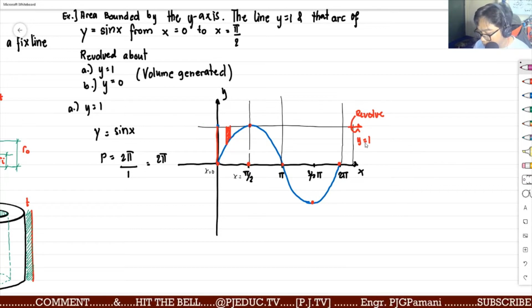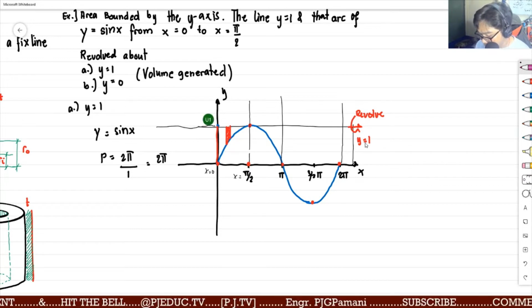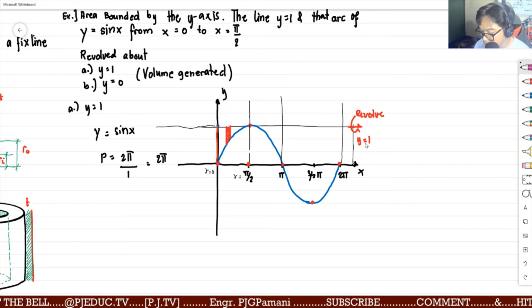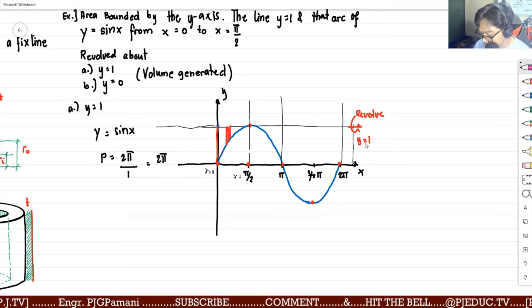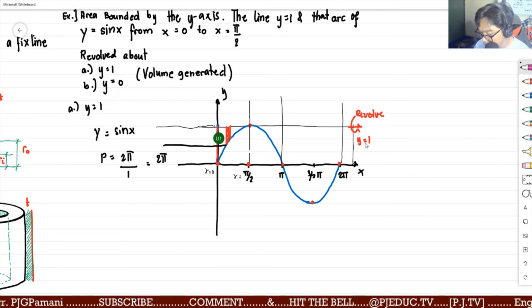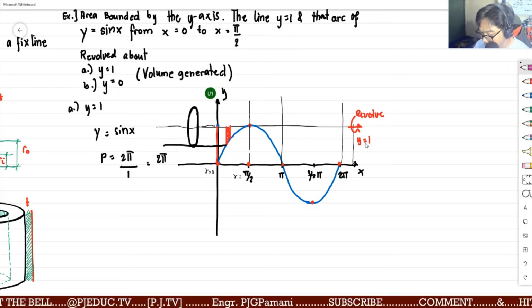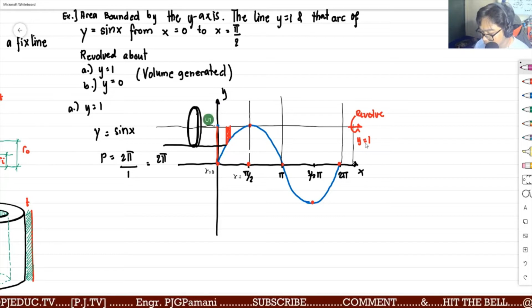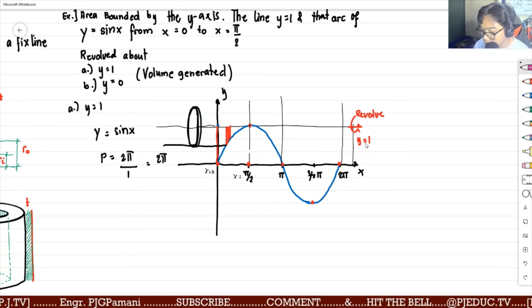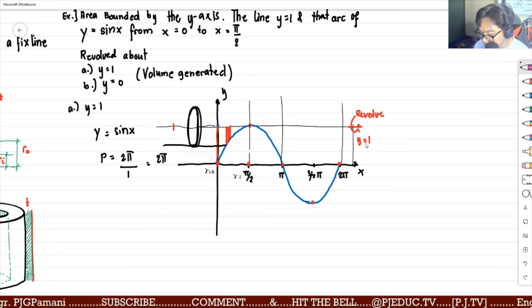That is using this method. Okay, dito ngayon yung ating radius.